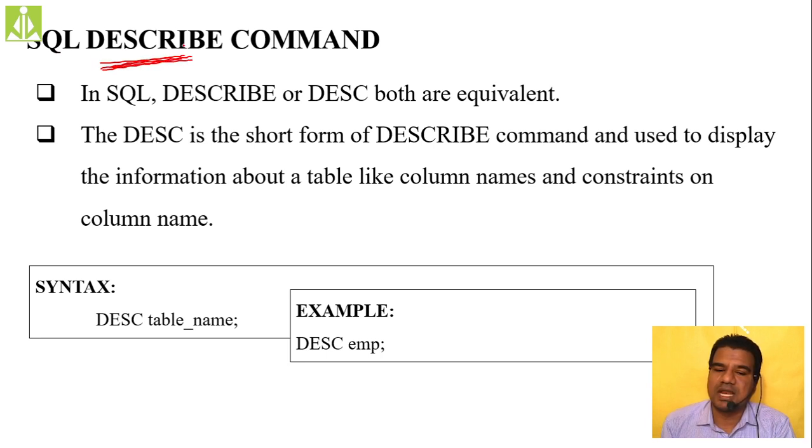In short, we use only the first four letters of the command, that is DESC, D-E-S-C. In SQL, describe or DESC, both are equivalent. You can use describe, or you can use only the four letters.